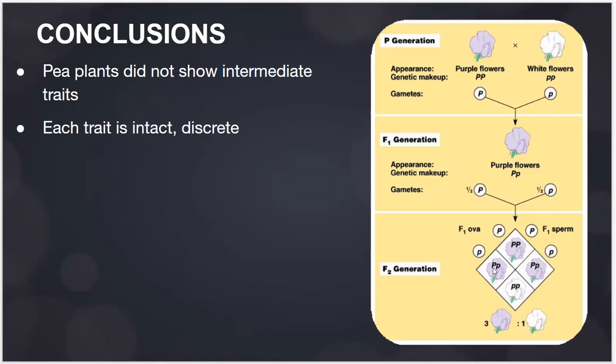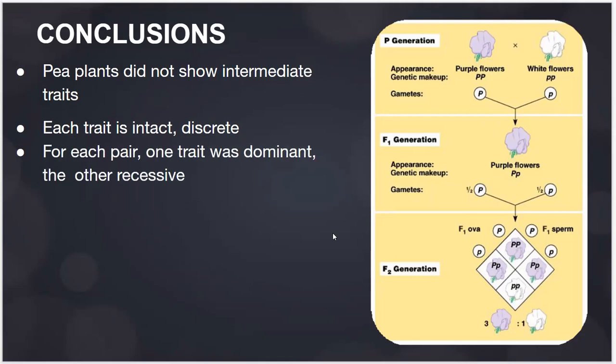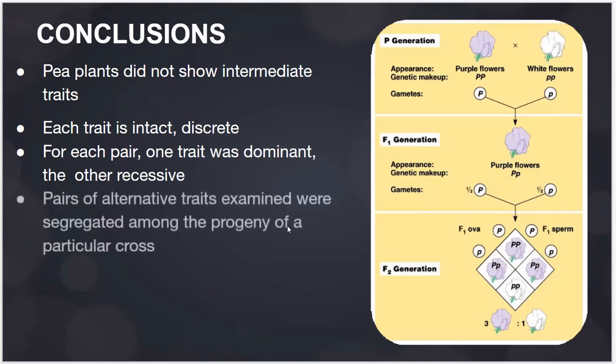So 2 alleles will be participating and each trait gives individual characters to the progeny. For each pair, one trait was dominant and the other was recessive. So in the first generation, all of the first generation plants showed the dominant character, though the genotype was heterozygous in nature. This is what was observed by Mendel after doing the monohybrid cross.